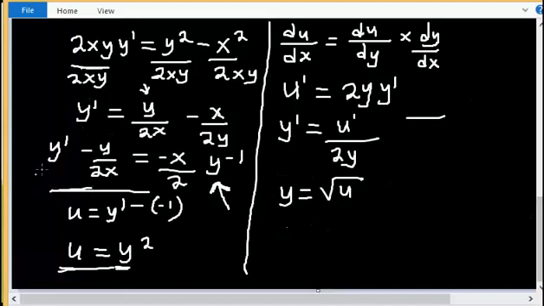Any place I see y prime, I am going to substitute u prime divided by 2y.